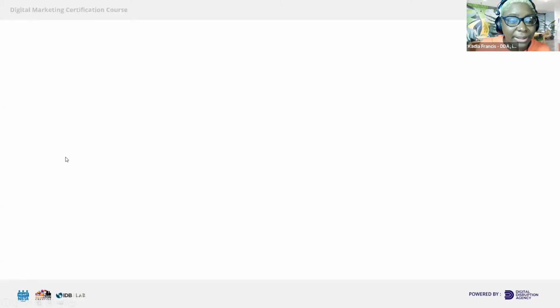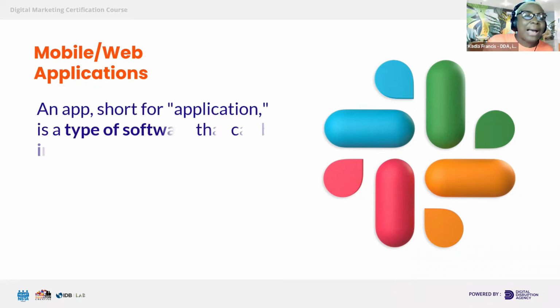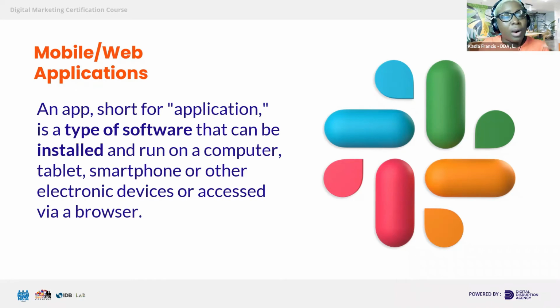Another digital channel is mobile applications or web applications. But not just applications, there's also a thing called mobile marketing. We're going to look at that as well, don't worry. But a mobile or web application, or app, is a type of software that can be installed to run on a computer, tablet, smartphone, or other electronic devices, or accessed via a browser, right?